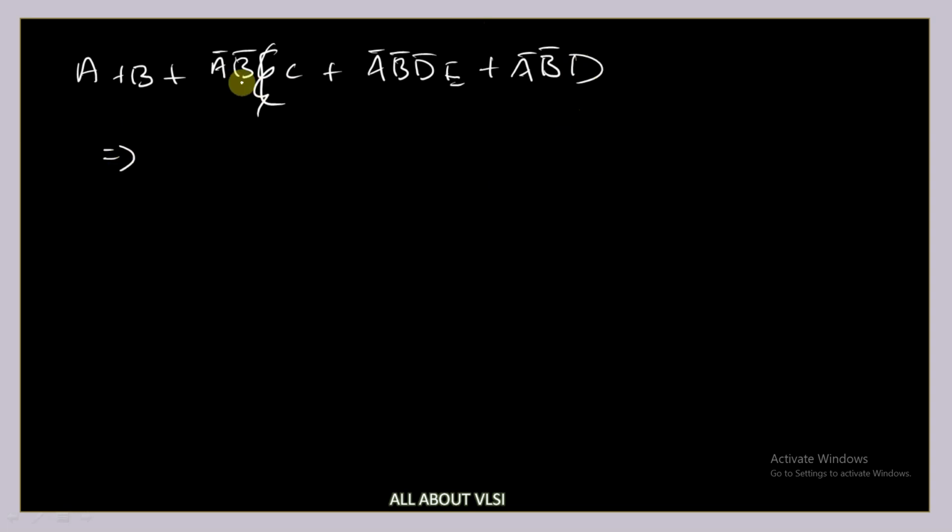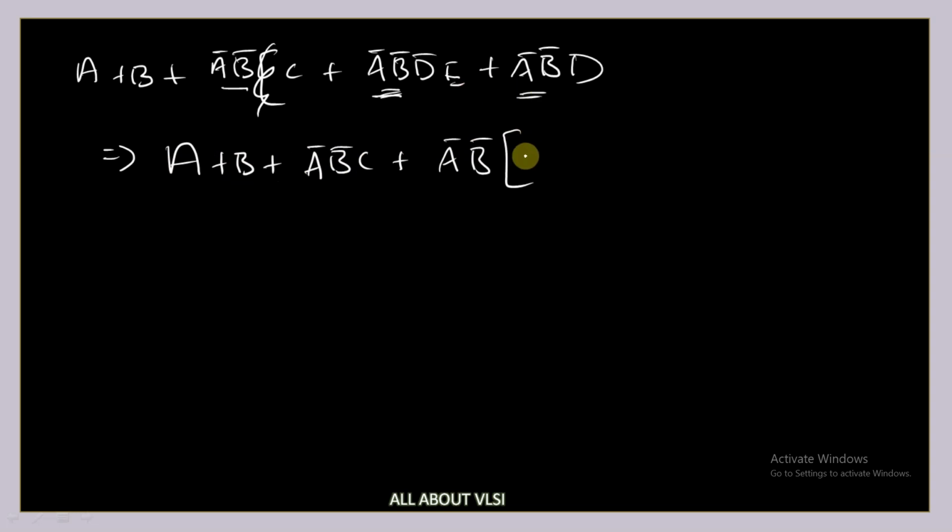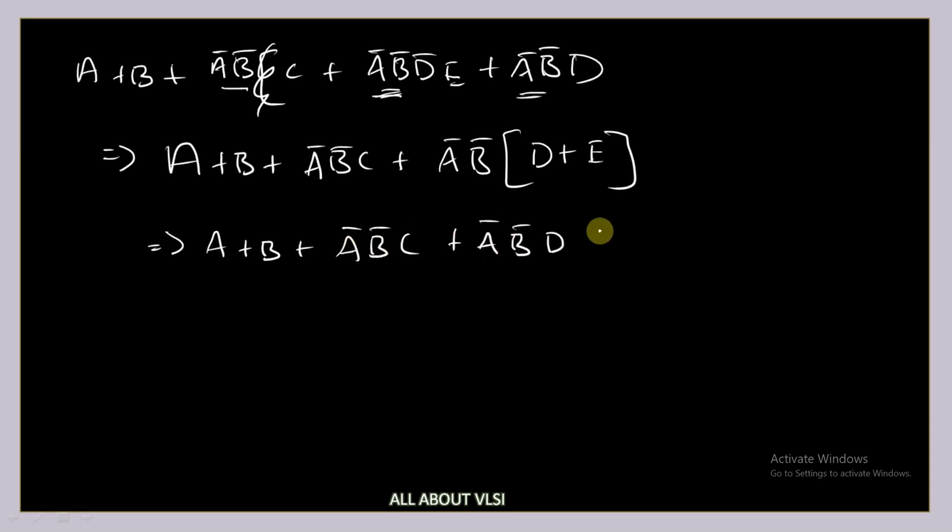So what we can take common, a̅b̅ from these two terms. Then a + b + a̅b̅c plus, if I take a̅b̅ common, I will get d + d̅e, that is only d + e. That is a + b + a̅b̅c + a̅b̅d + a̅b̅e.